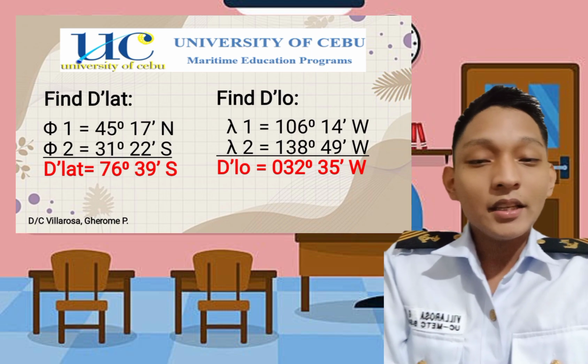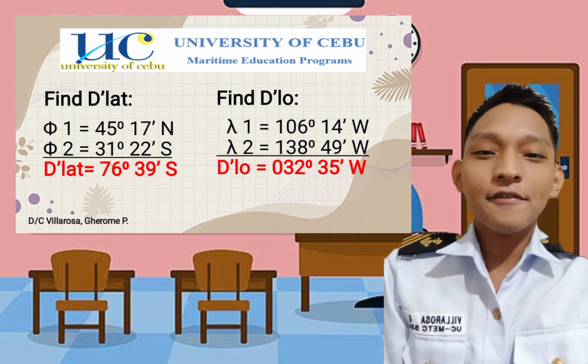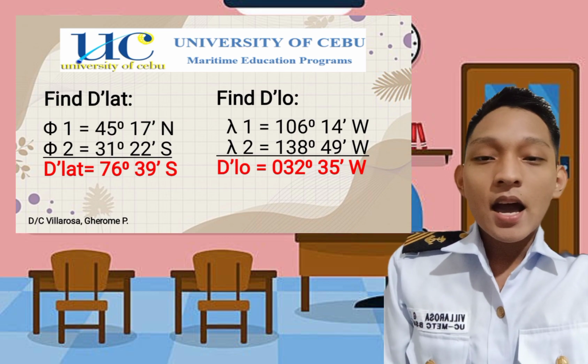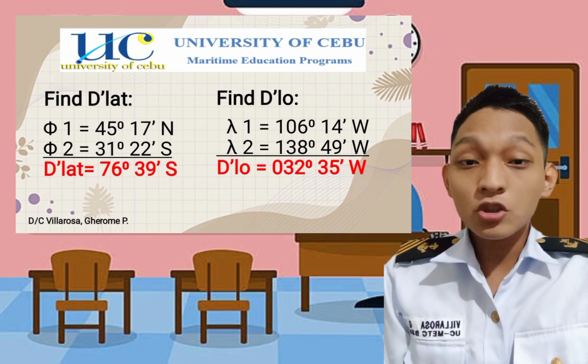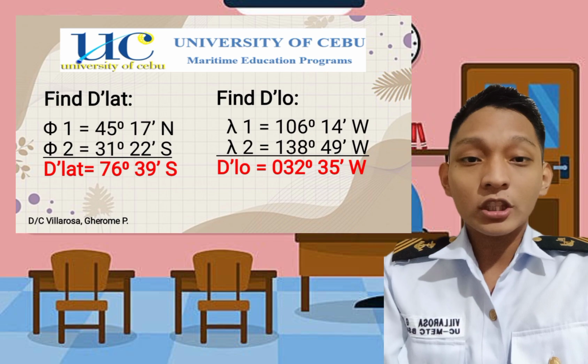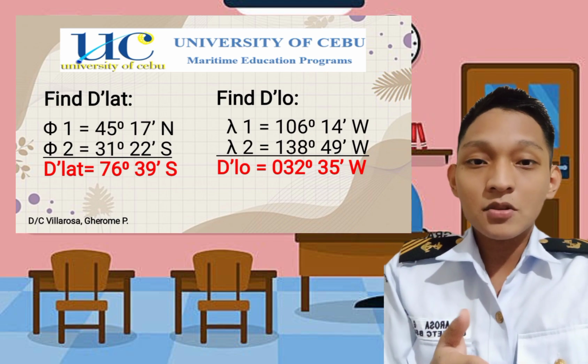And then the next one would be finding the longitude. In longitude 1, we have 106 degrees 14 minutes west, and our longitude 2 is 138 degrees 49 minutes west. Since they have the same name, we will subtract.